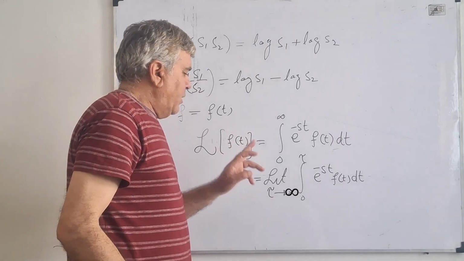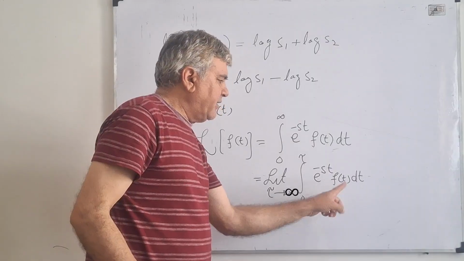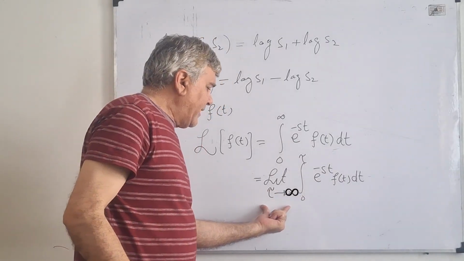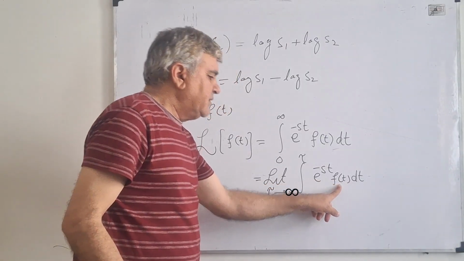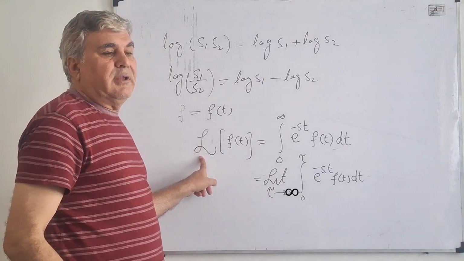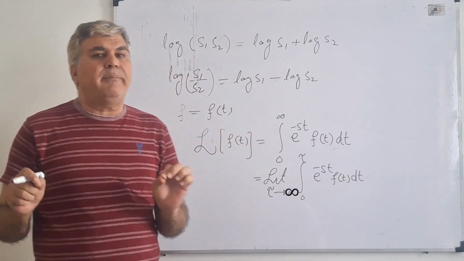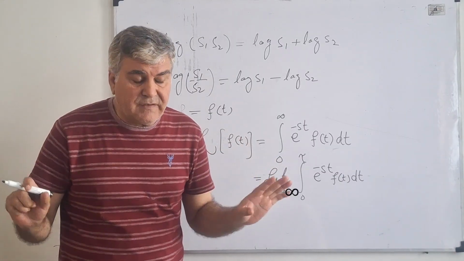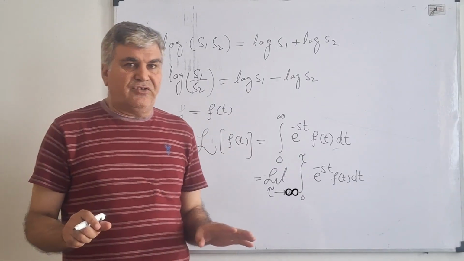And when this limit exists, we say the integral converges and the function possesses Laplace transform. And if the limit does not exist, we say the function f of t does not have Laplace transform. So it is important to note that not all mathematical functions possess Laplace transform.